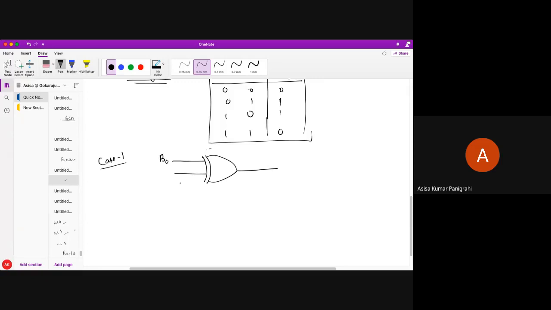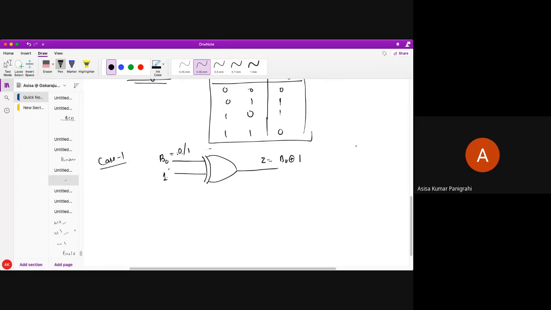Please check here. If B0 is like this, and I am putting one of the inputs fixed always to the high, VCC. So what will I get here, the Z? Z is B0 XOR with 1. So B0 is either 0 or 1. Am I correct? If you perform 0 with 1 XOR operation, what will I get here? 1.